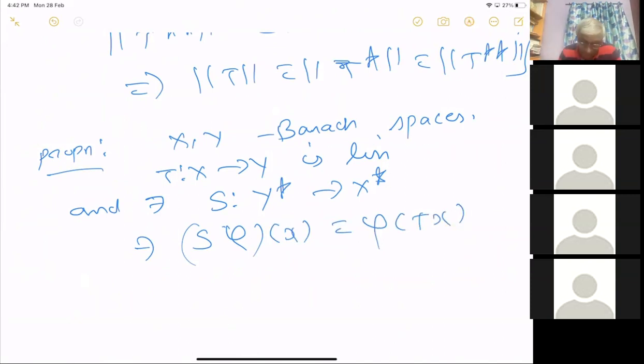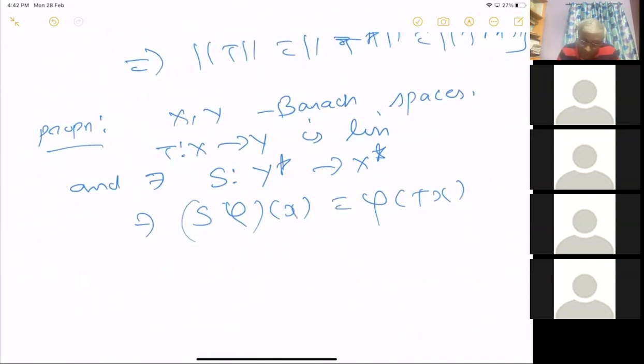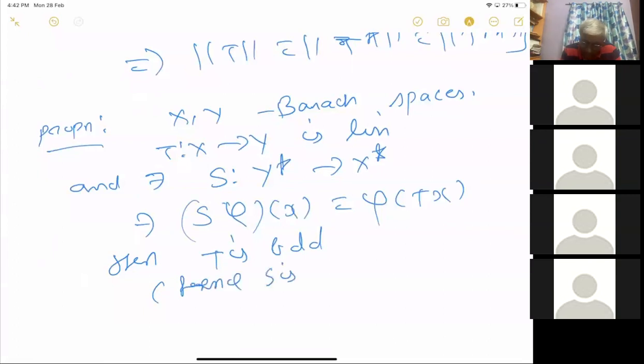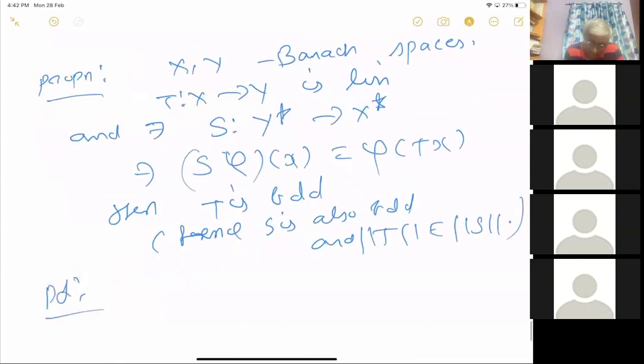If you want, you can call it T star, whatever. I'm not assuming any of these things bounded. T need not be bounded. Suppose it exists, then T is bounded and hence S is also bounded. And we have already verified norm T equals norm S. Okay, I have to verify that T is bounded. So this is the statement.